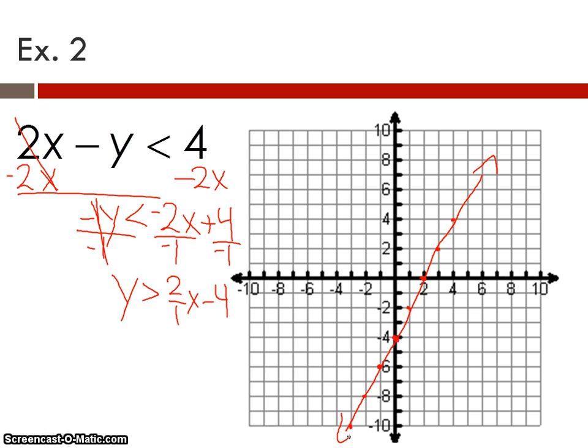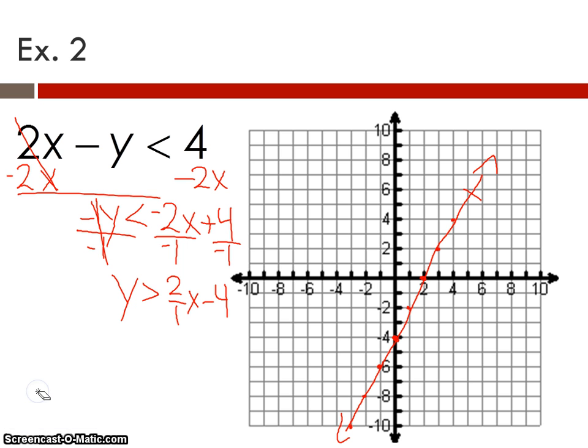And now y is greater than, so, oh, I made a mistake. It's just greater than, not greater than or equal to, right? So I should have a dashed line. So I need to go through here and make sure that I have a dashed line.